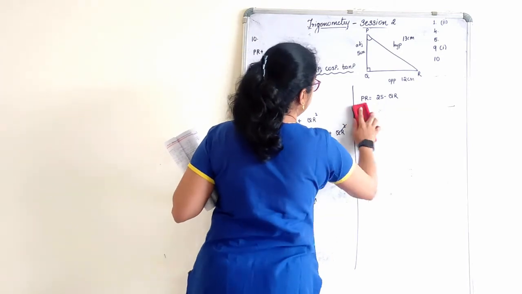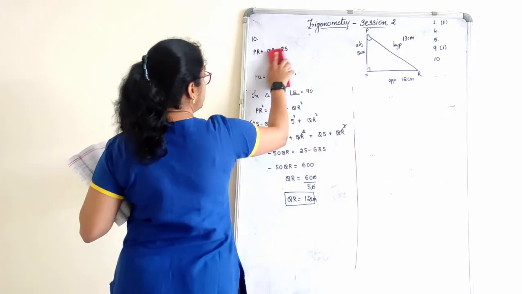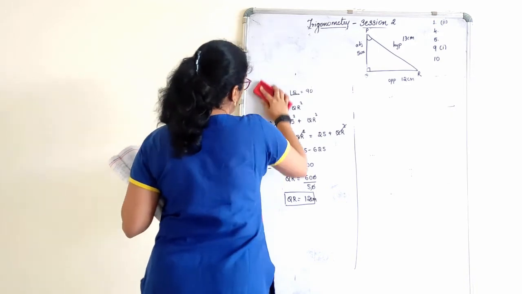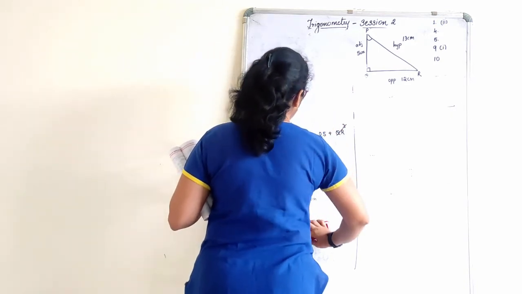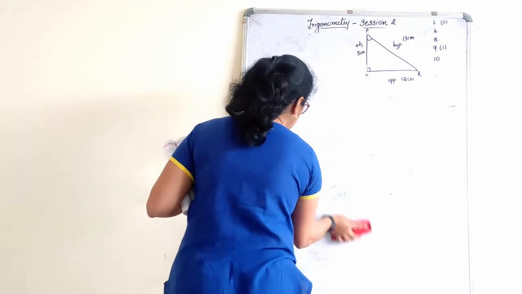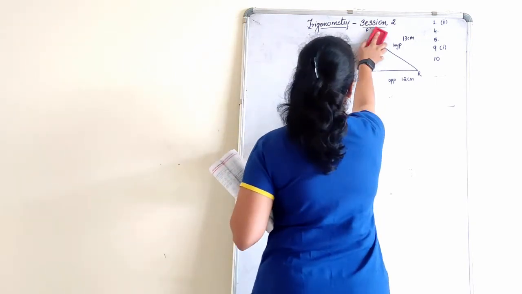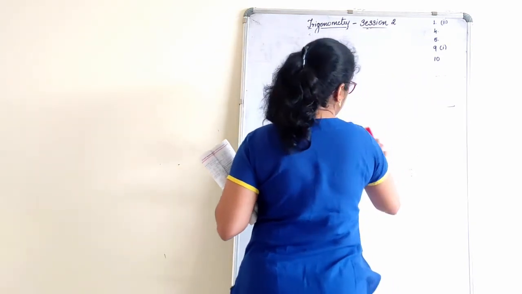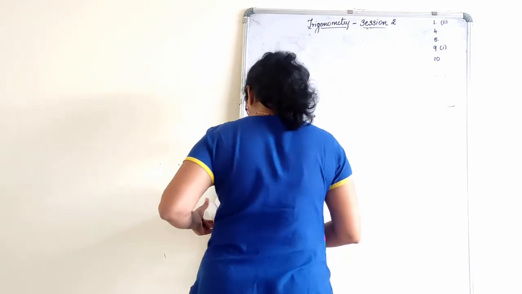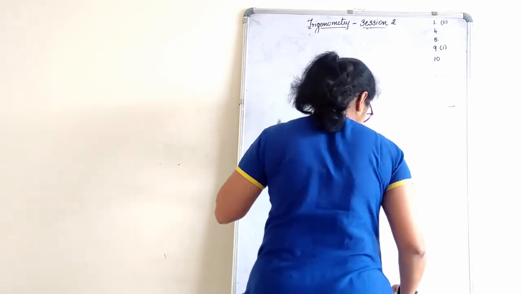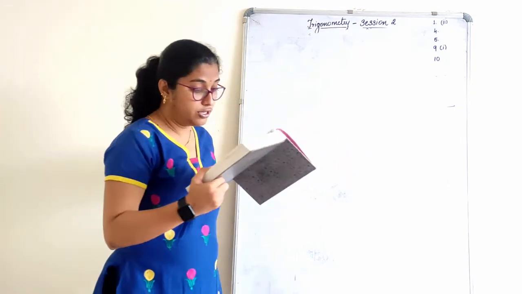And the last one is true or false. I'll discuss the true or false orally here. And if it is false, we need to give also reason. Reason I will discuss, children, but I'm going to send that as a PDF to you so that you can write it. Okay. The last main for today's session is true or false.